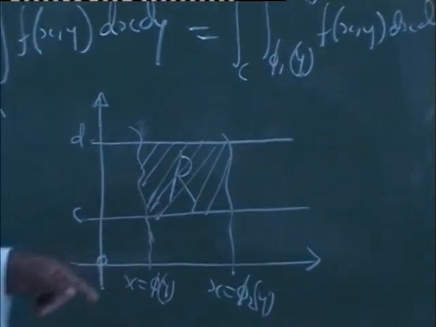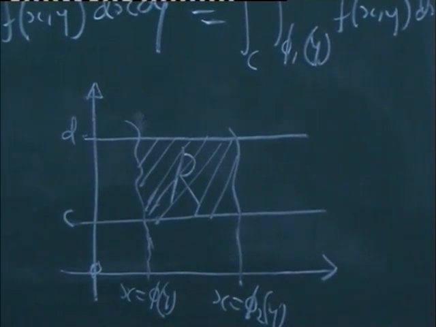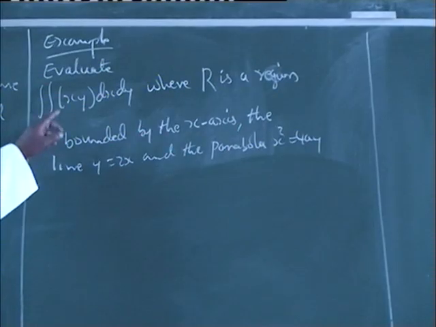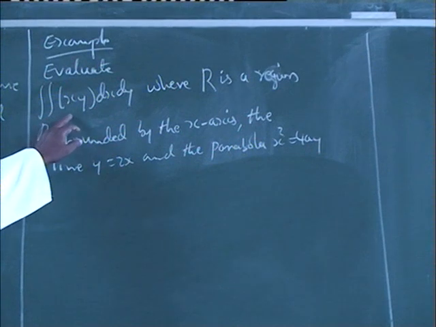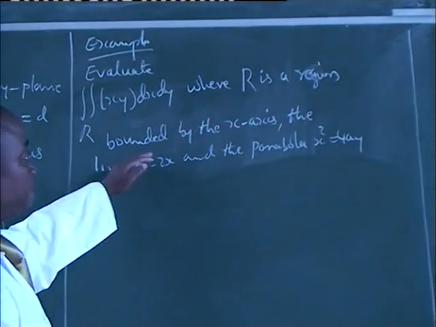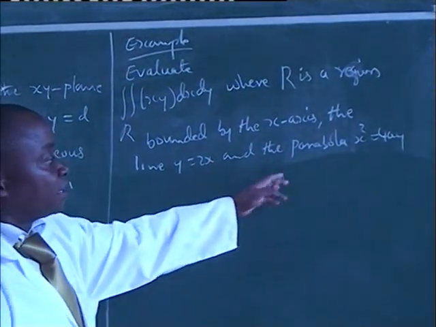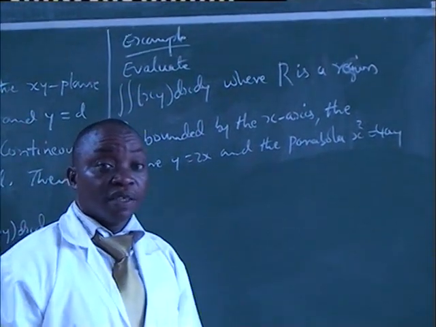So that is what we are saying, and then we are going to take an example of it so that we understand how to apply it. We are taking this example. We are asked to evaluate the double integral over R of xy dx dy, where R is the region bounded by the x-axis, the line y is equal to x, and the parabola x squared is equal to 4ay.